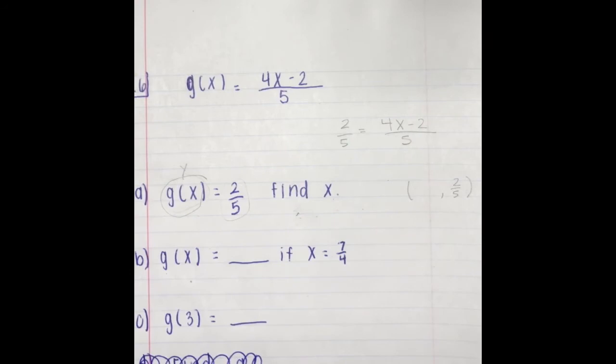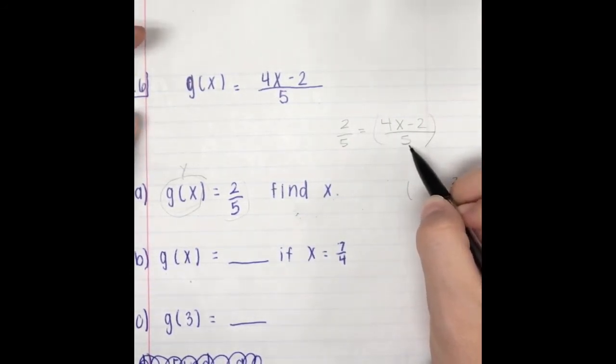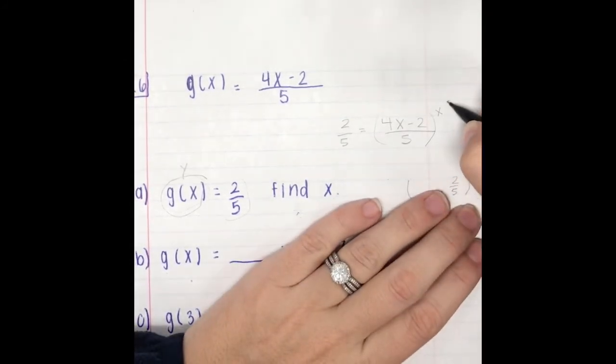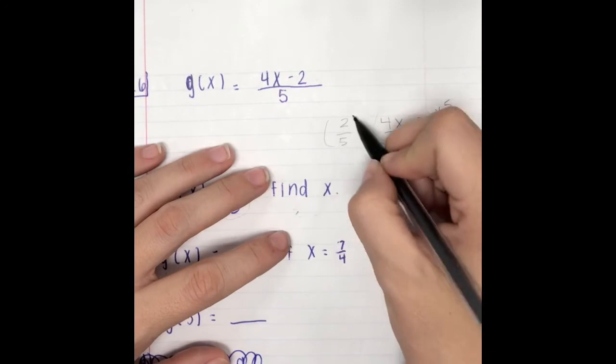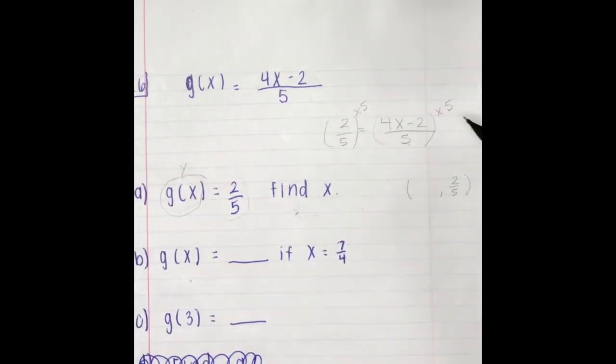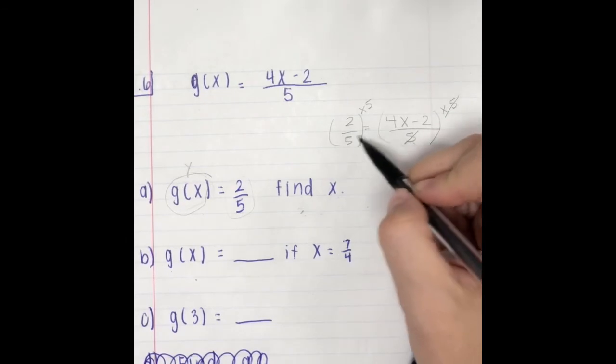All right, so we're trying to get x by itself. So let's go ahead and cancel out this divided by 5 part, because that's the part that makes this a fraction, right? So I'm gonna multiply both sides by 5. Multiplying by 5 and dividing by 5, they're inverse operations. They cancel each other out. 5 divided by 5 is just 1. Same over here.